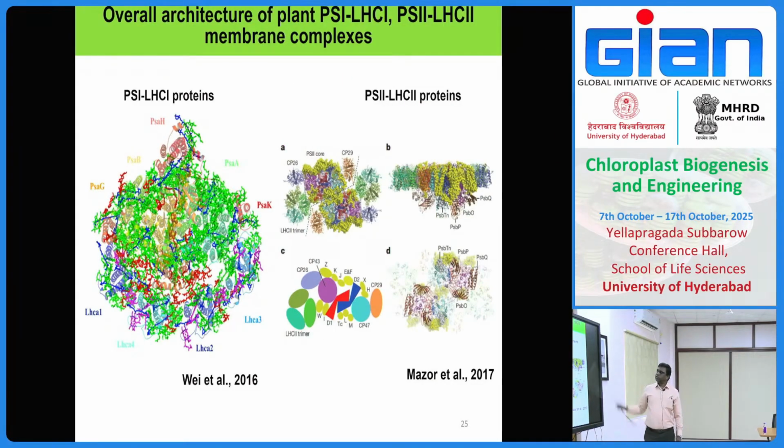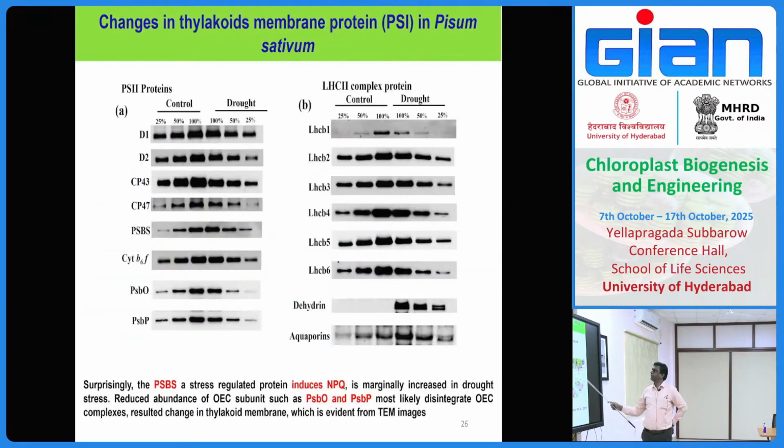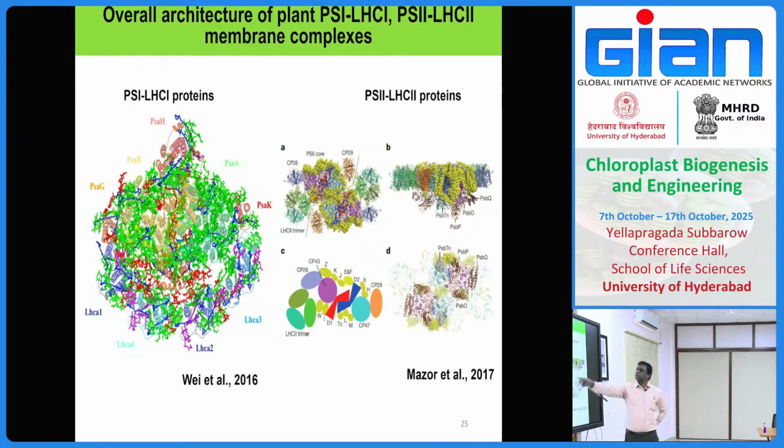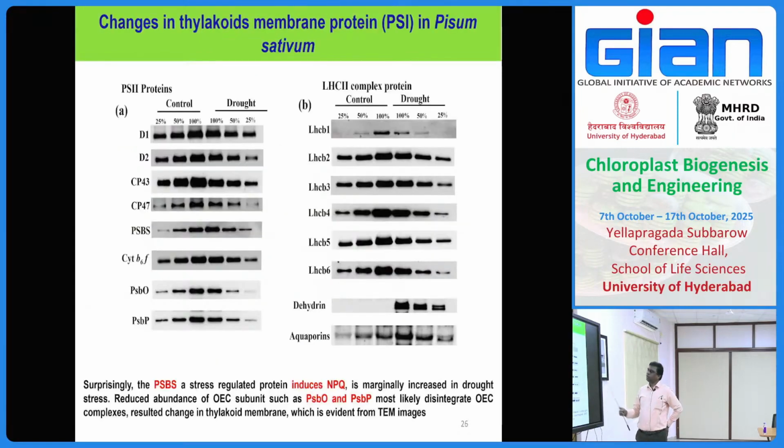I am not going to discuss this one because Ichiro Takahashi has already explained it. Now we wanted to see what is happening to photosystem 1. These are the structural components of photosystem 1 and photosystem 2 with their proteins, and we showed all of them using Western blotting. We probed all of these, and you can see how they changed when exposed to drought.